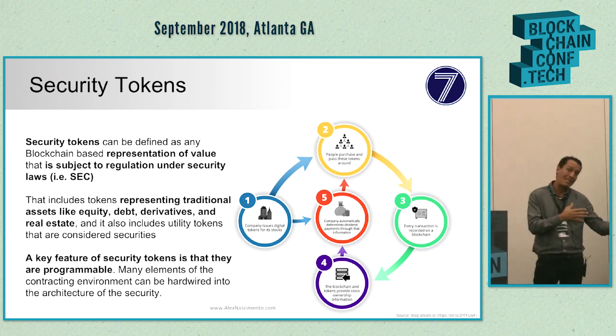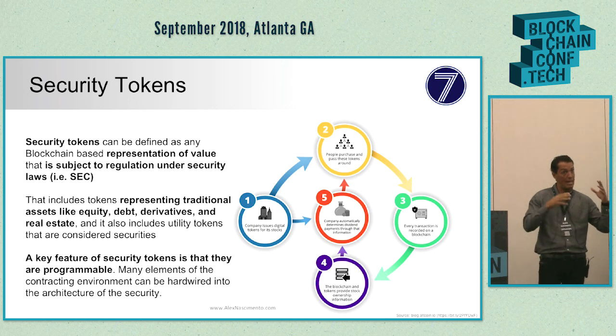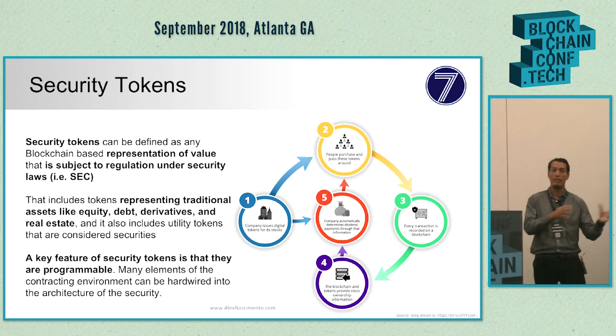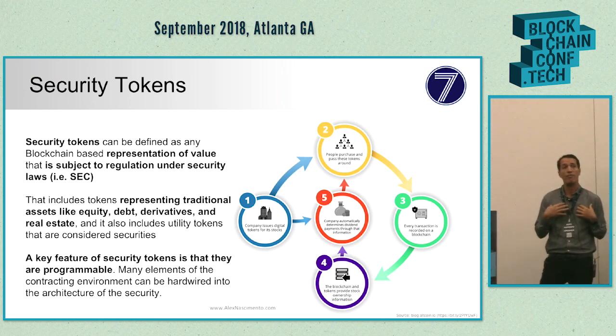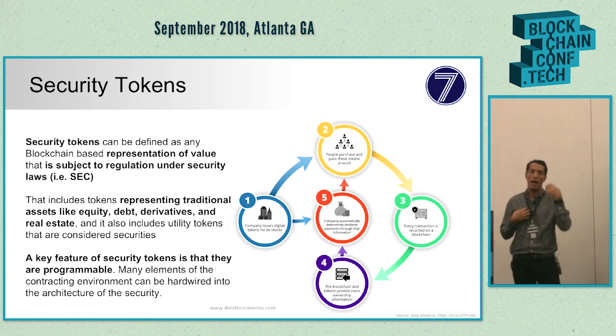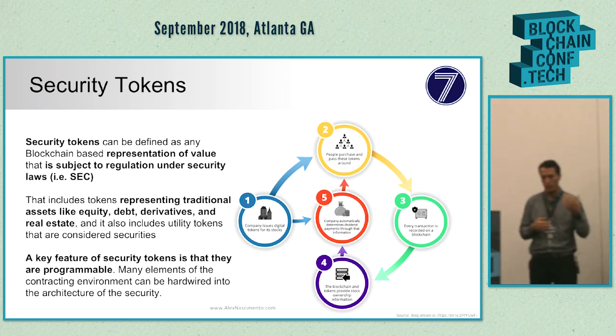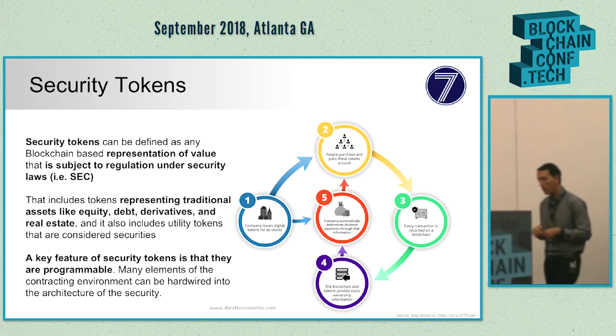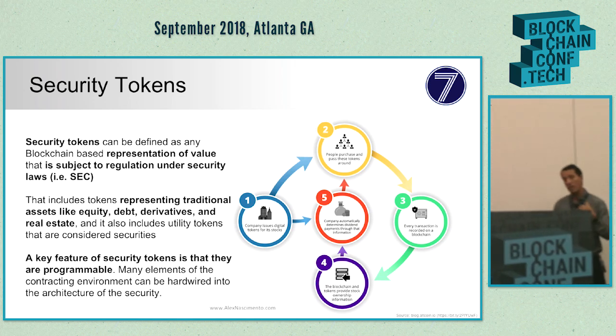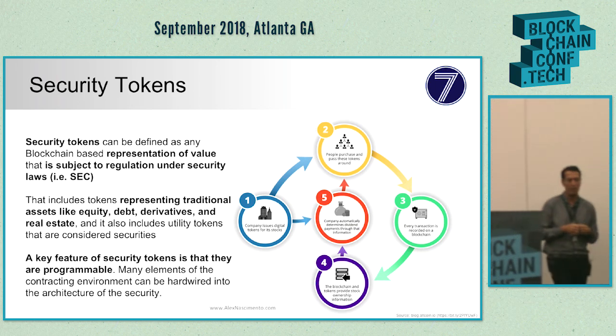And the whole idea of a security token is that the representation of that value is programmable based on a smart contract. So if I tell you that you're going to invest in my company, and throughout the life of my company, as long as you hold that token, I'm going to pay you back 25% of profits, which is actually our project, a little bit of a shameless plug here of our fund, that we pay back 25% of profits.